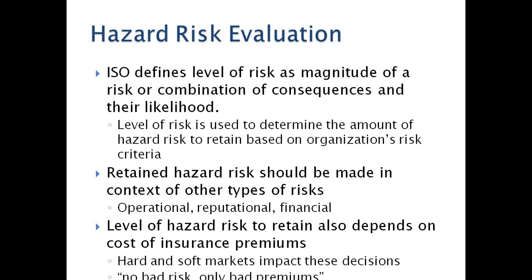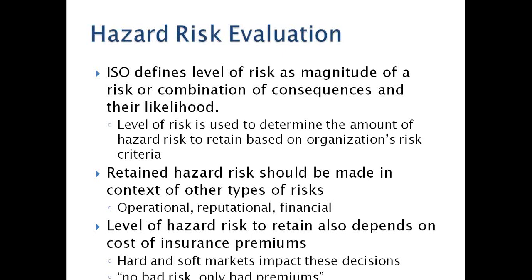But if I decide to take $1 million self-insured retention and we're not making that much money, one hit could basically, from an operational standpoint, put the organization out of business. And so that's why when it talks about the context of other types of risk is do you have the financial ability to pay for claims?